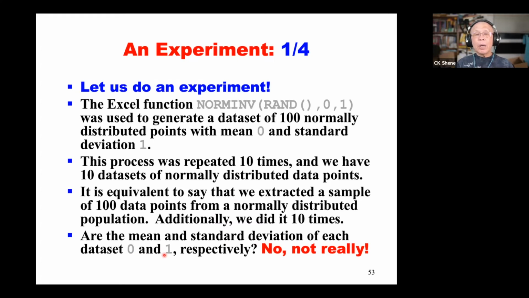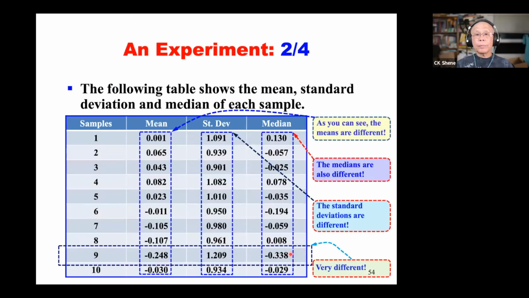That is our expectation or intuition, because the data points were generated from a normal distribution with mean 0 and standard deviation 1. We hopefully would have, for every sample, sample mean 0 and sample standard deviation 1. But the answer is no, not really. Now let's take a look at what we get.